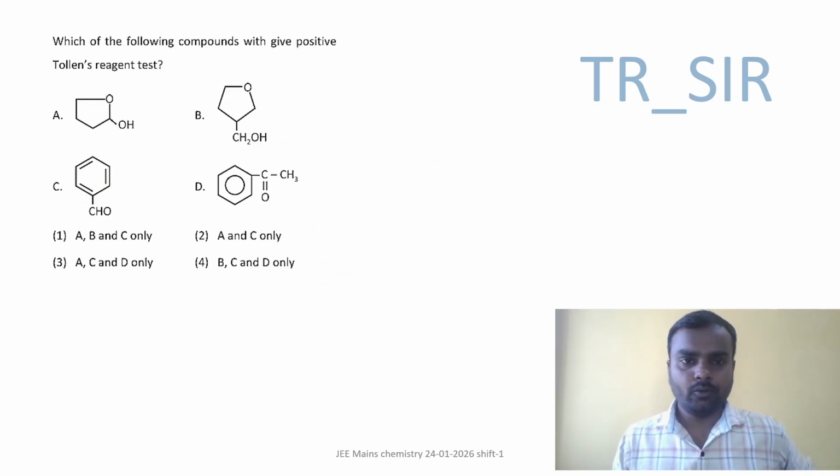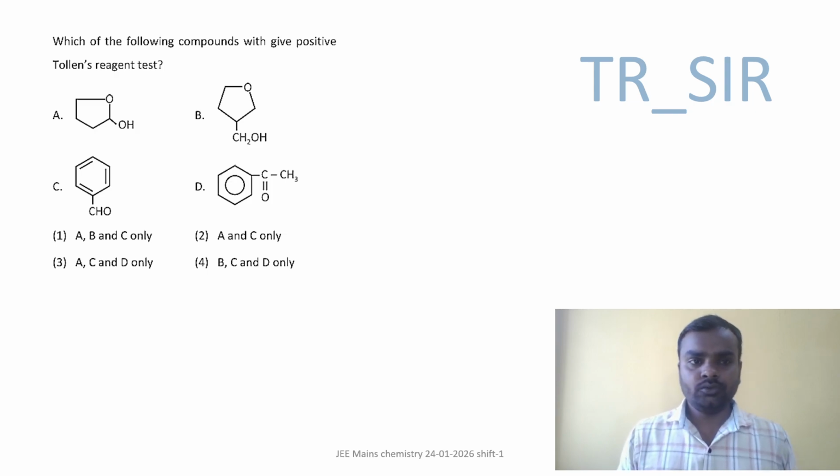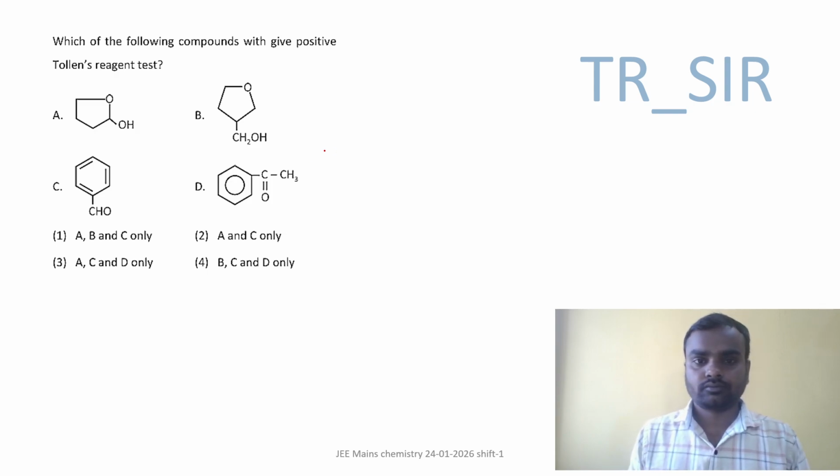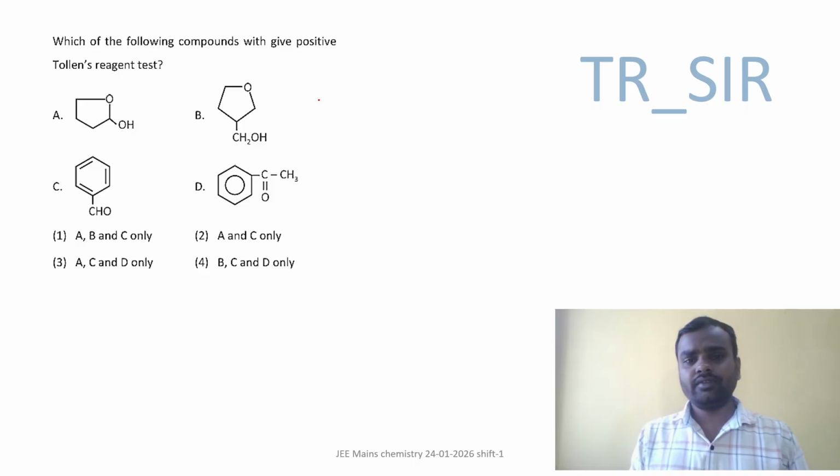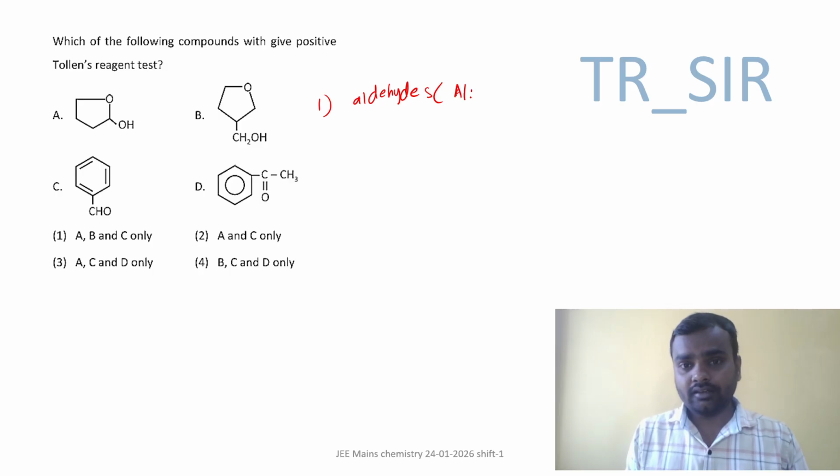Which of the following compounds will give a positive Tollens reagent test? Tollens reagent will give a positive test only for certain compounds. Aldehydes will give it, whether aliphatic or aromatic.